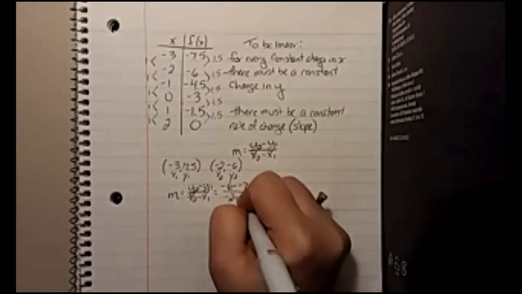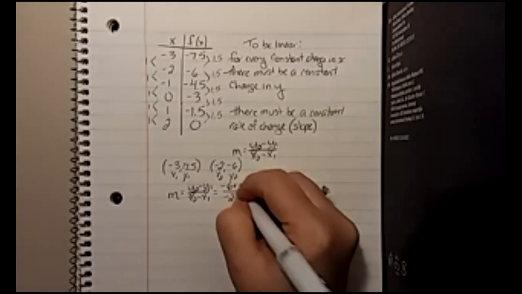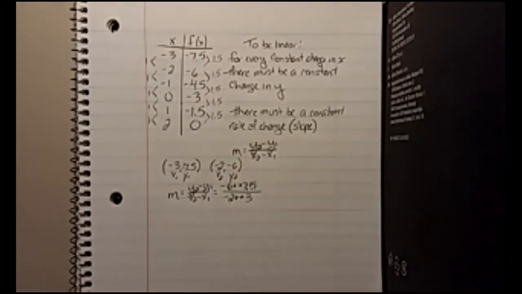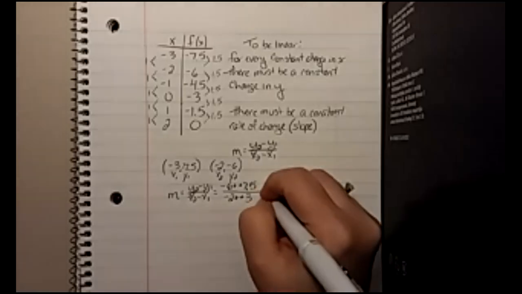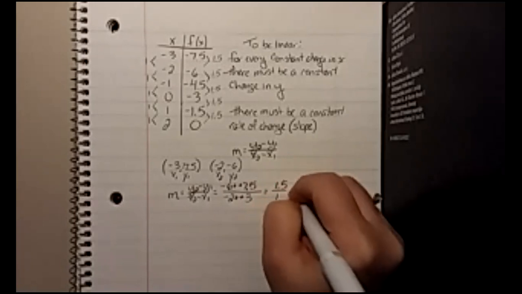We know that minus minus becomes plus, so this turns into addition, and this turns into addition. And then when I do these calculations, I'm going to get 1.5 over 1, or just 1.5.